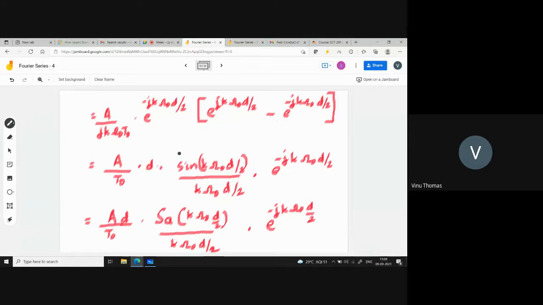Now this is to get an expression like this. Whatever manipulations that we have done is to get an expression in this form. Sine k omega 0 d by 2 divided by k omega 0 d by 2. What will we call this?